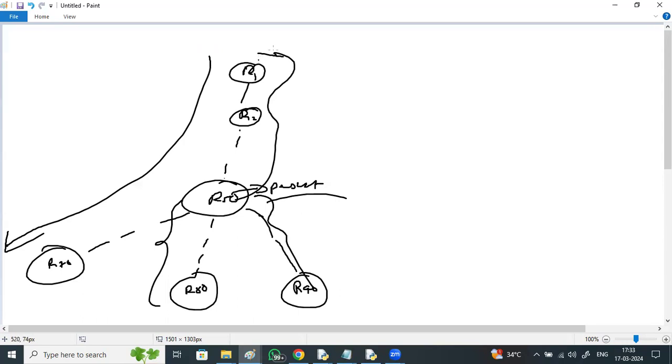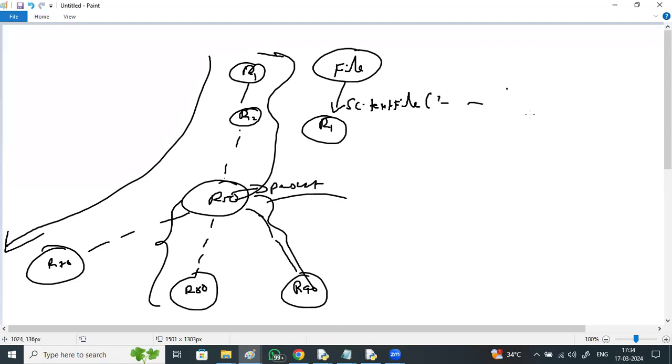No. See, RDD means, first a file is there. From the file, RDD R1 gets created using SparkContext textFile, if you are loading it and giving the path.